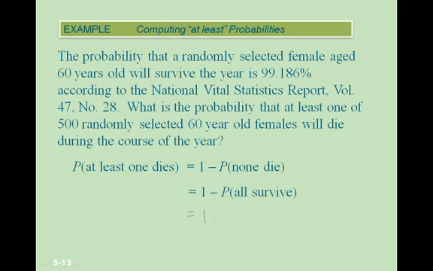So we're doing 1 minus the probability that all survive. And remember that the probability that one survived was 0.99186. And for all of them to survive, we have 500 of them. So we will raise that value to the 500th power.